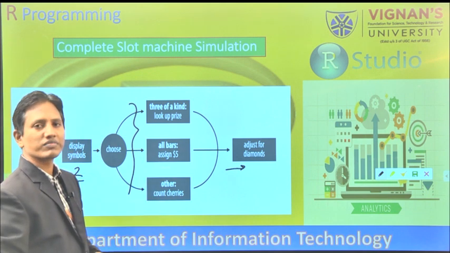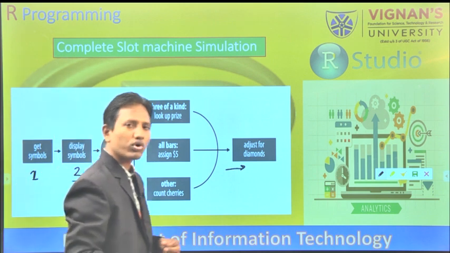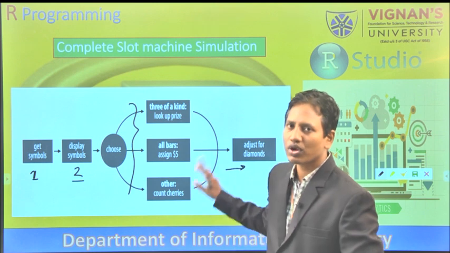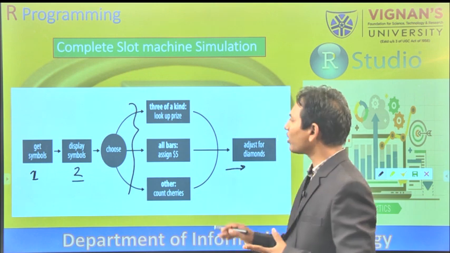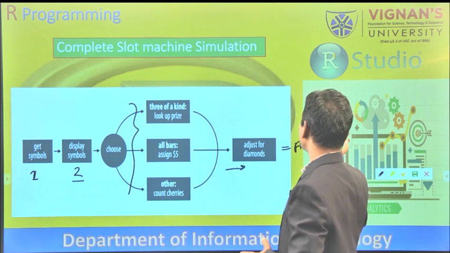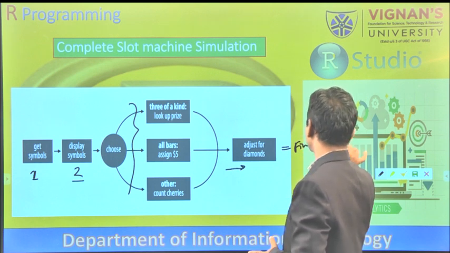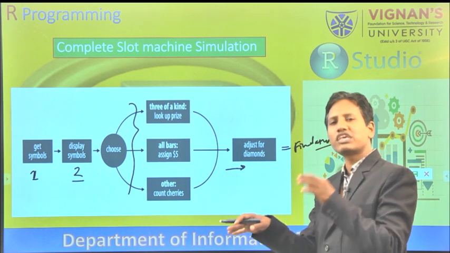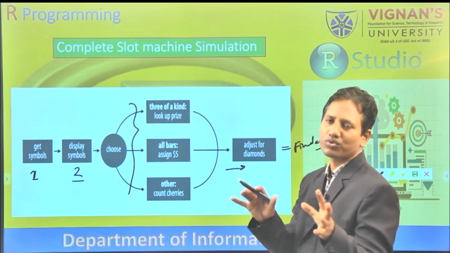How many times the diamonds appeared, and how many times we have to double the amount, that we are going to finalize. So ultimately here you are going to get the final amount. So this is the way the sequential and parallel strategy we are going to use.